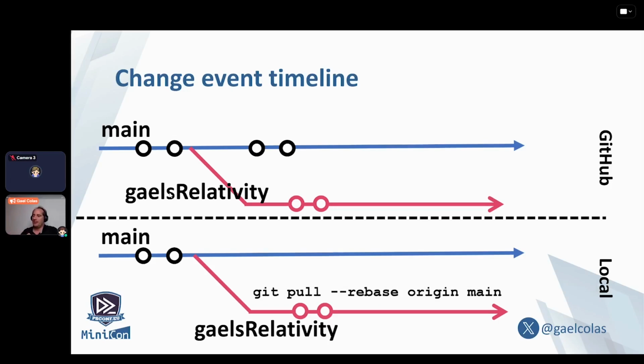So from there, we do the git pull. So instead of just the git pull, we do git pull --rebase origin main, which is coming from the main from the GitHub server, which has the 2 commits. And then we will set aside the 2 local commits that we have on our branch.